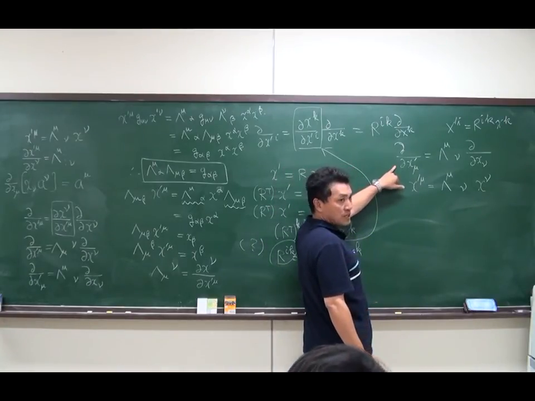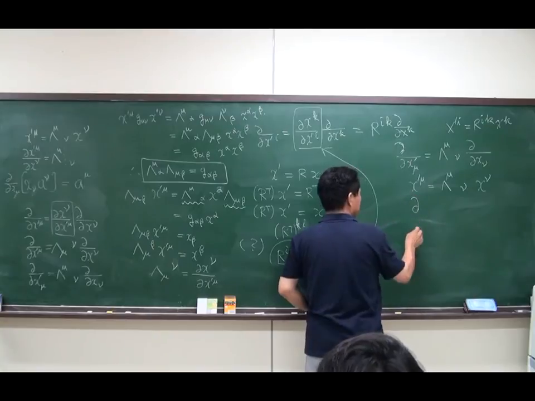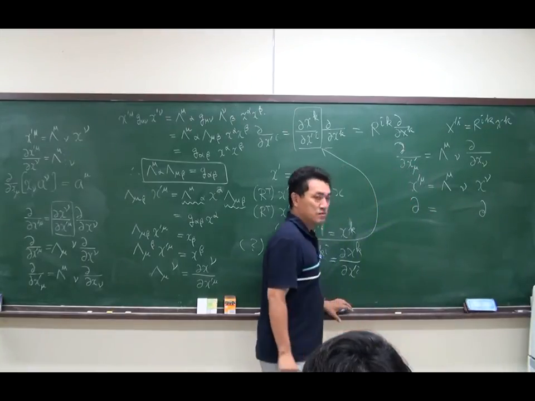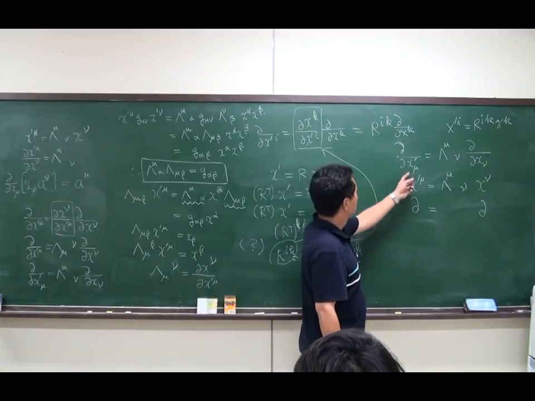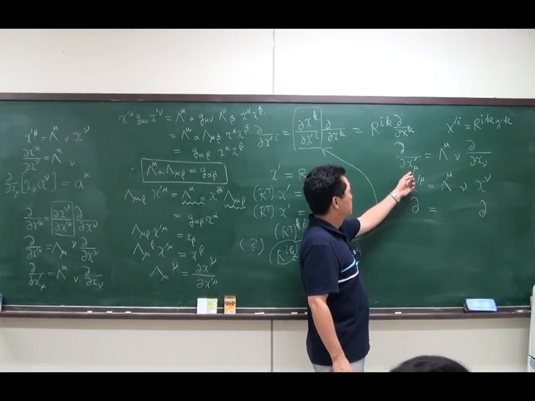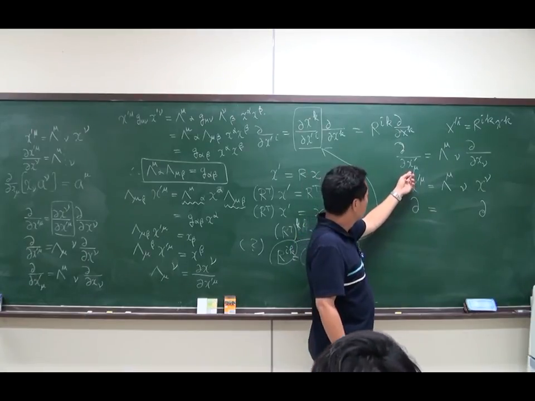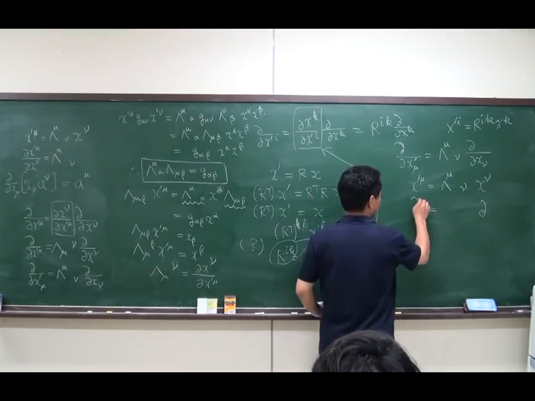If I rewrite this one as a simple expression, round, this is a 4 vector, but the derivative with respect to a covariant one is a contravariant one.